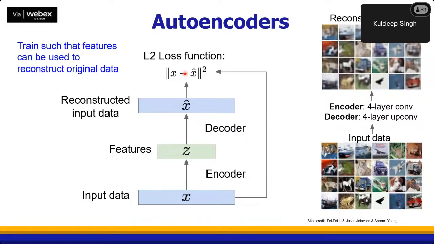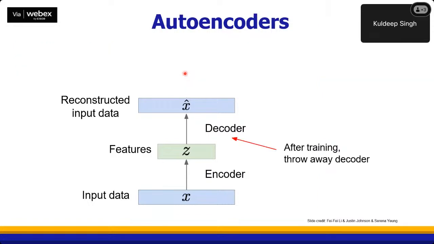Now the whole idea here is you don't have any label, but still you are achieving the feature representation. So once we have trained this model, we can throw away this decoder network.